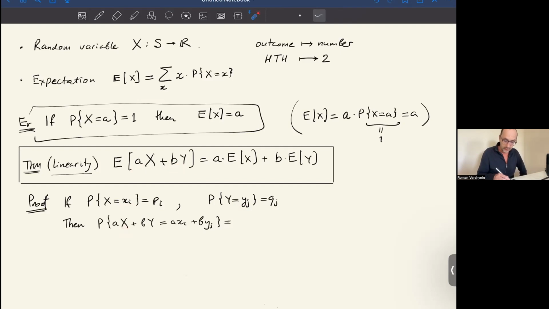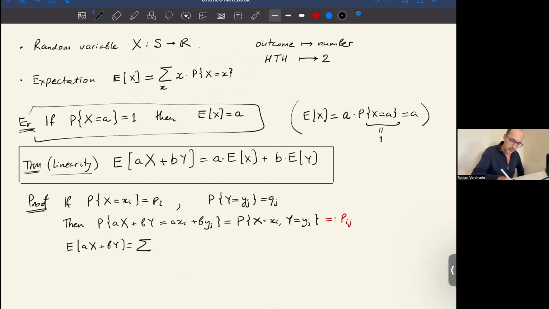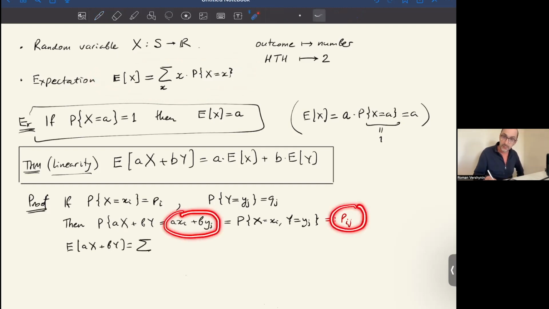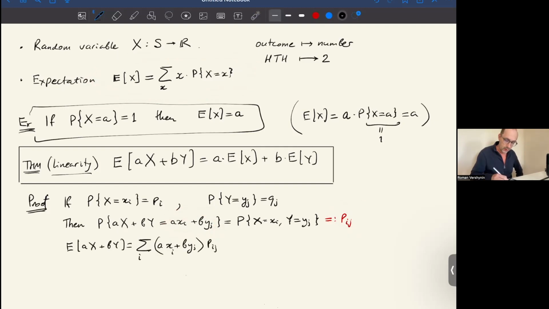And that happens if X equals xi and Y equals yj. Let's denote this probability by pij. Great. So how do we compute the expected value? By definition, we need to sum the values that the random variable can take multiplied by their probabilities over all values, over all i and j.